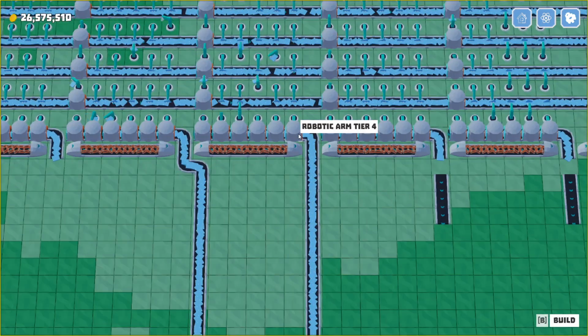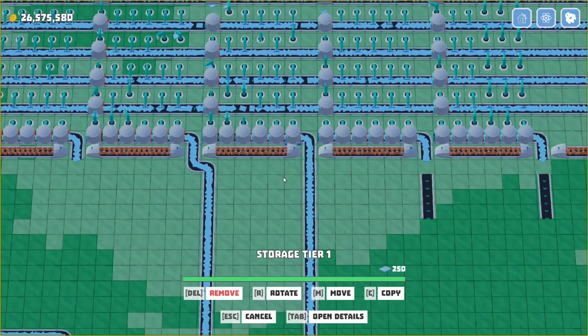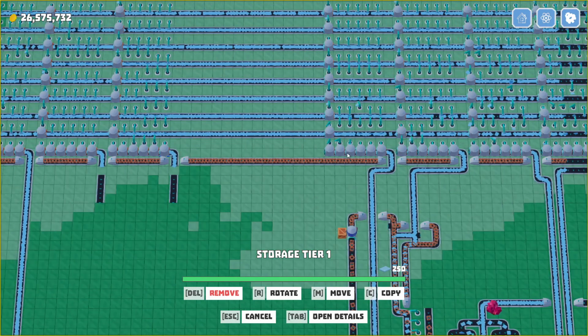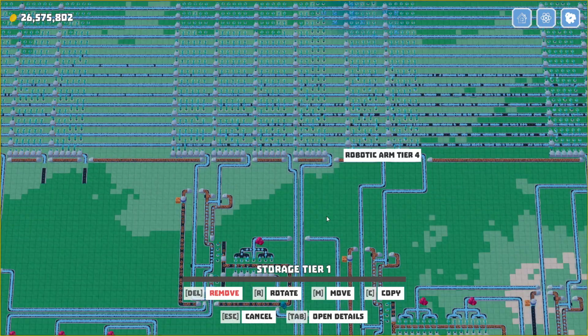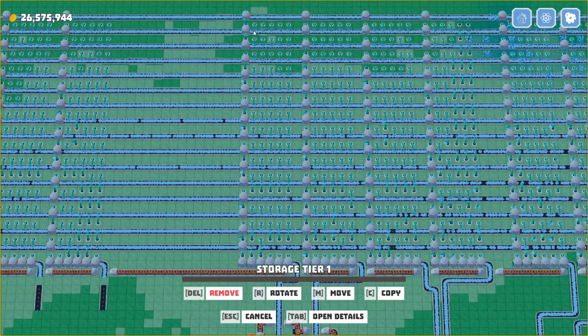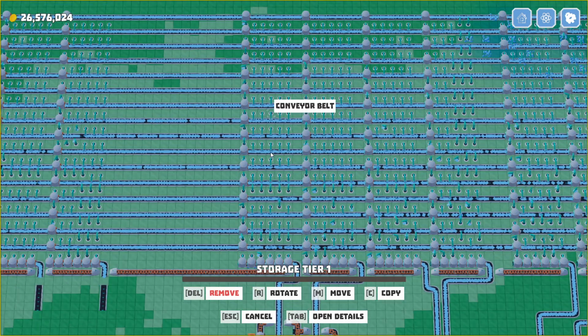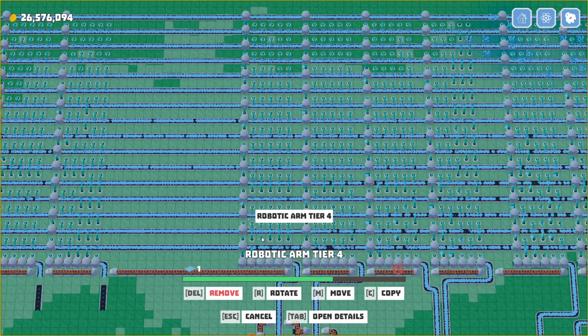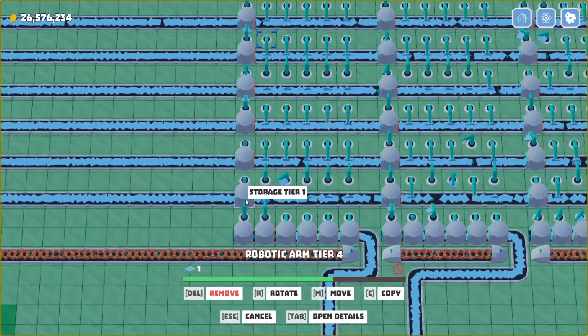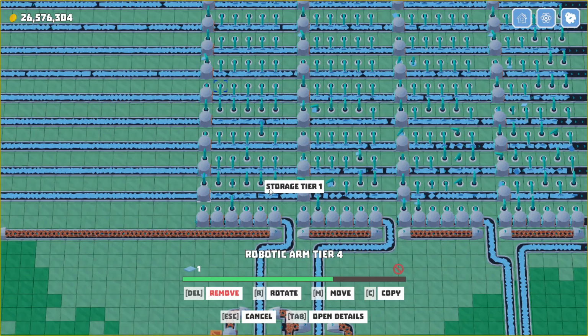And a little cheat I did was add some storage units as well. That makes sure all these have a full source of plates at all times and gets filled as necessary throughout. And the reason for as many robot arms as possible here is to fill up all those spaces, especially these barrel ones, so this creates a buffer as well throughout the system.